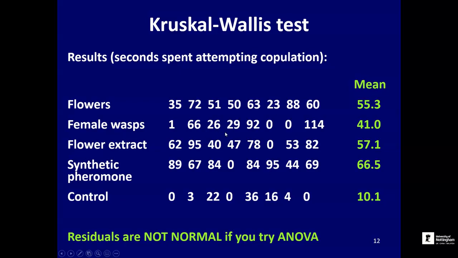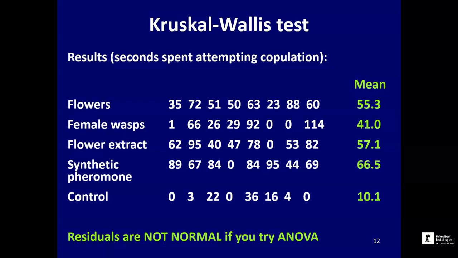But we need to test that formally using a statistical test to make sure that the differences we see here aren't just ones that could have arisen by chance under the null hypothesis. So the presence of all these zeros are particularly problematic because they mean that the data are not normally distributed.